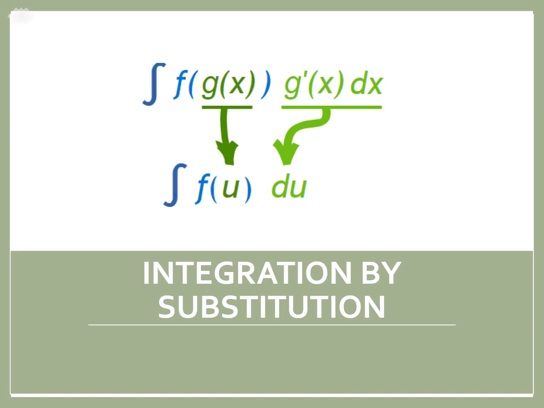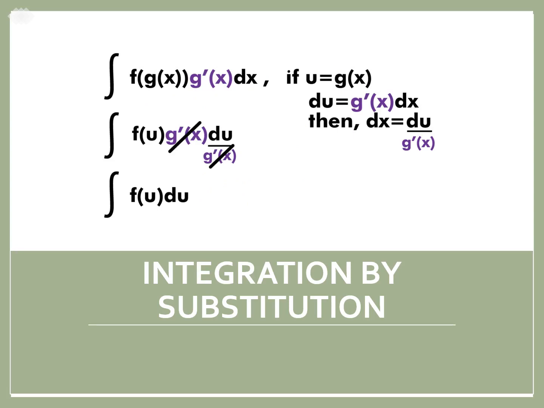It is done by substituting part of the integrand with the variable u and part of the integrand derivative with du. The main challenge in applying integration by substitution is to think of an appropriate substitution.